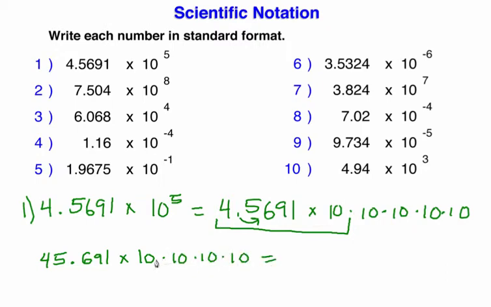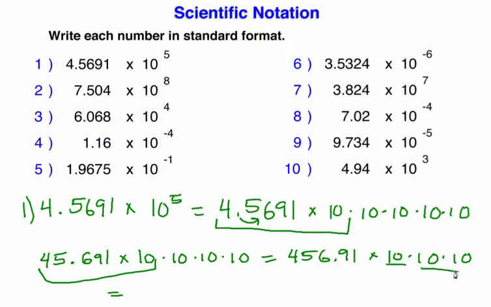If I multiply by 10 again, multiplying these two together, I get 456.91 times 3 tens. If I continue to do this, I'm going to move the decimal place several more times. In fact, I'm going to move it 3 more times because there are 3 more tens to multiply by.